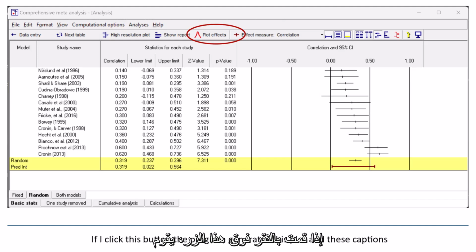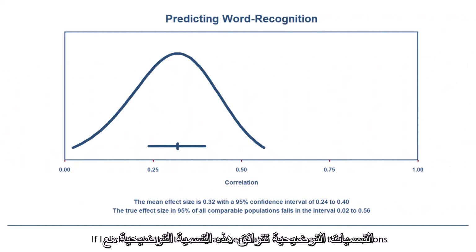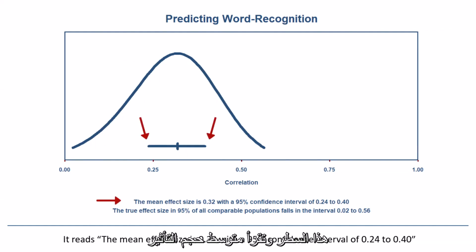If I click this button, the program generates this plot and these captions. This caption corresponds to this line. It reads, the mean effect size is 0.32, with a 95% confidence interval of 0.24 to 0.40.